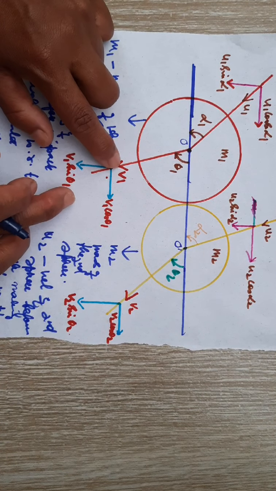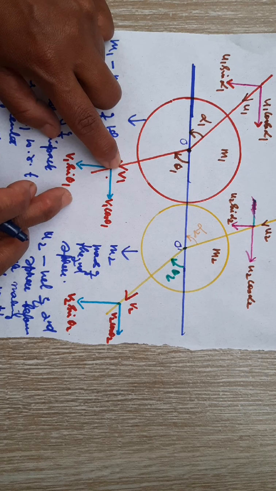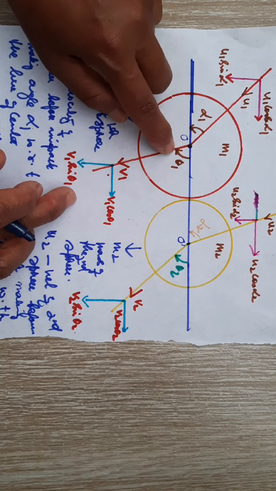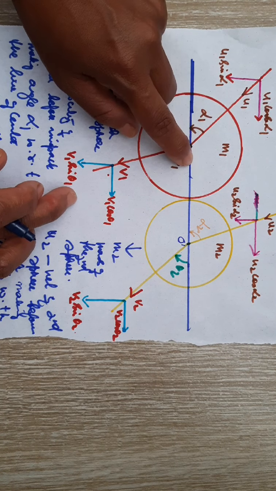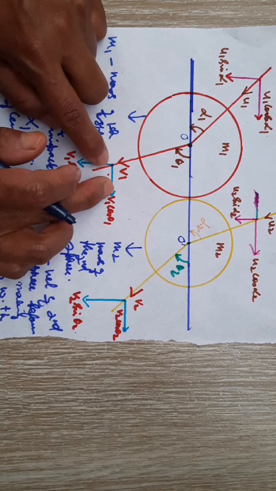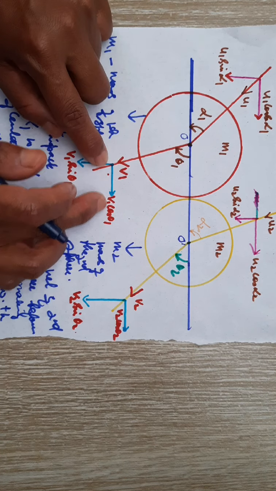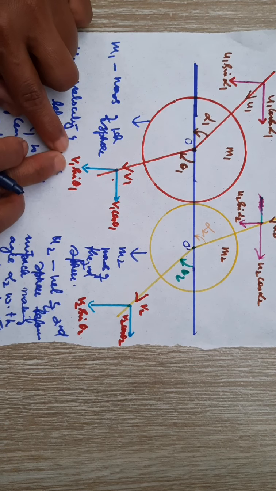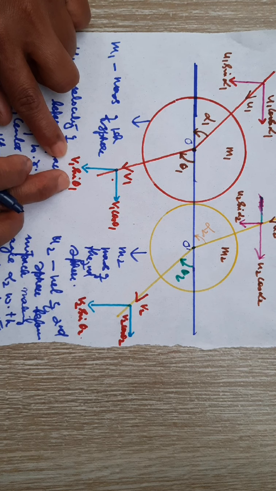Similarly, after impact, v1 is the velocity of the first sphere after impact, whose angle is theta 1 with respect to the line of centers. Now the component velocity of this v1 along the line of centers will be v1 cos theta 1, and perpendicular to it, it will be v1 sin theta 1.